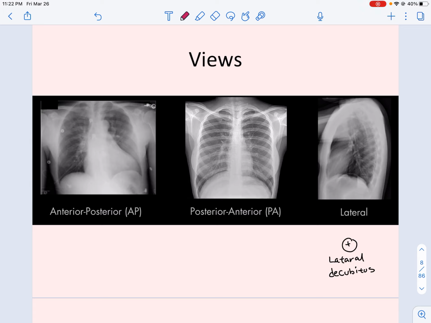We have the anterior posterior view, or the posterior anterior view, PA, and we have lateral, and sometimes they do a lateral decubitus. The most common or preferred view is the posterior anterior view, the PA view, and we're going to see why it's preferred.